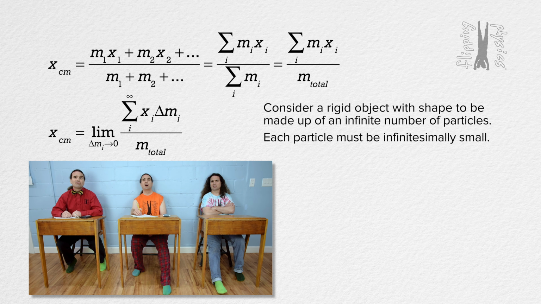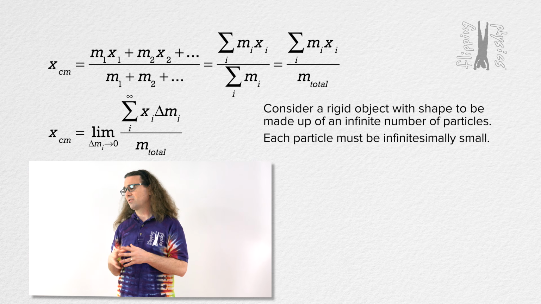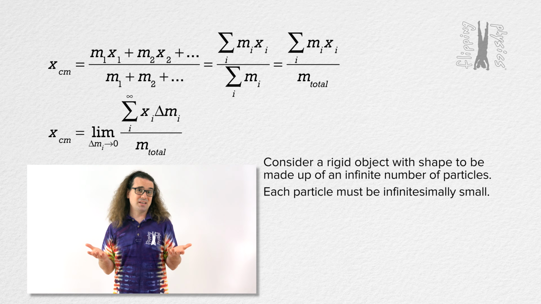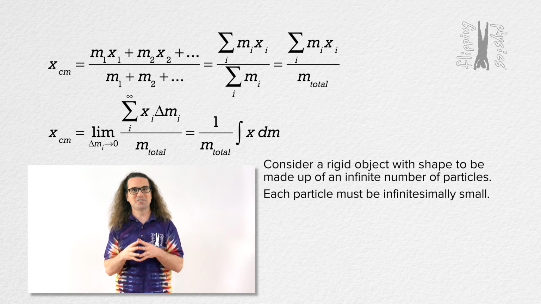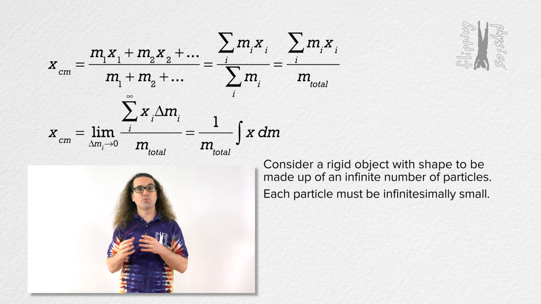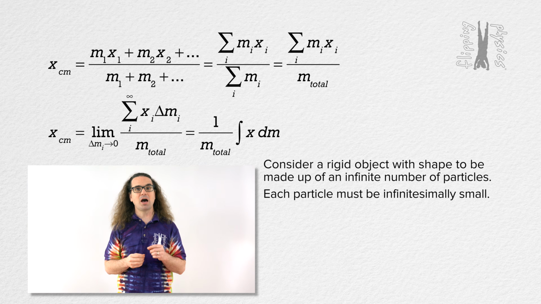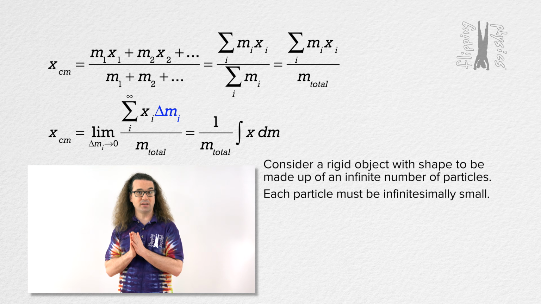Yeah, Bo, it is a bit strange, but this is an integral. We are going to consider a rigid object with shape to be made up of an infinite number of particles, which means we are going to be taking the limit of this equation as the number of particles goes to infinity. The position of each of the particles is still x, and the mass of each particle is now identified as delta m.